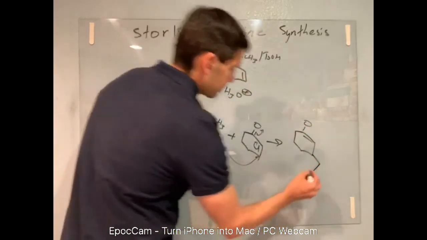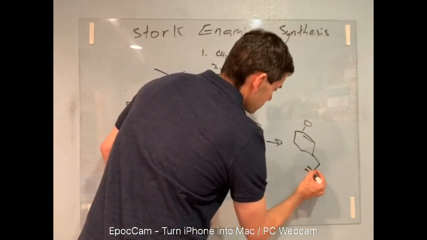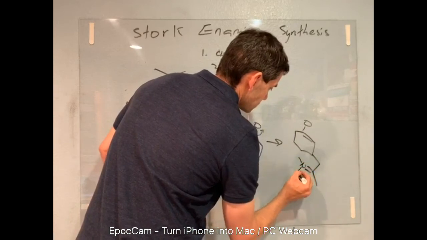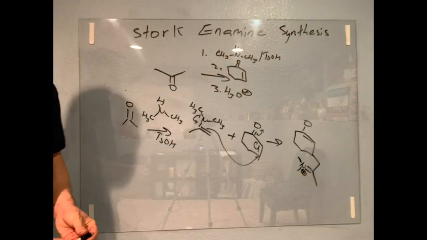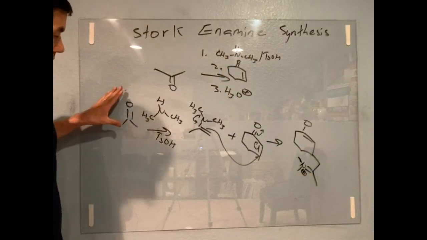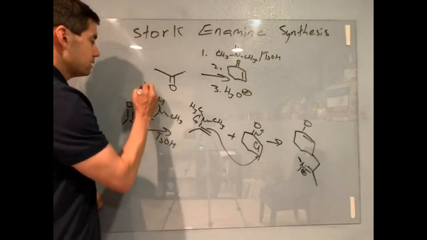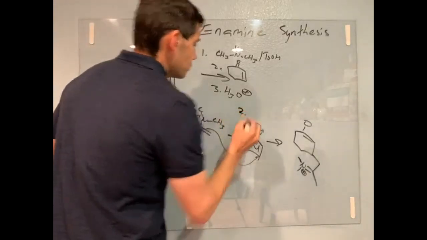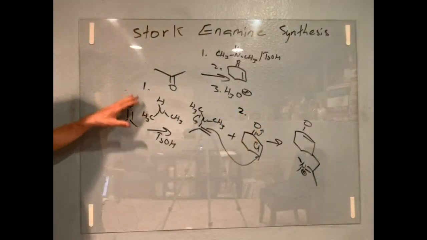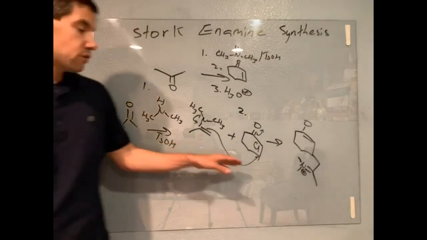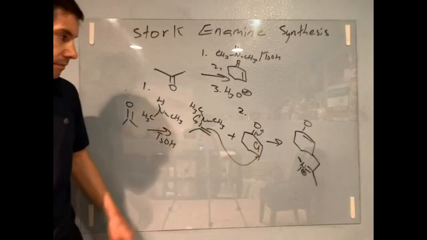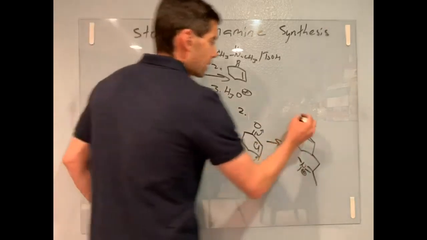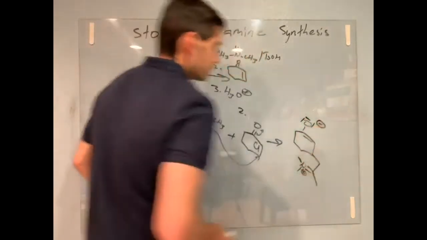So we're going to add that group there, with that positive charge there, right? So all we've done here is the first two steps. Step 1, we made the enamine. Step 2 is introducing the alpha beta unsaturated carbonyl, which our enamine attacked. And then we're at this point where our oxygen has a negative charge on it.